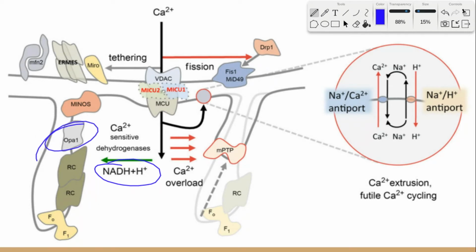OPA1 sitting here at the neck of the cristae will be important for our next slide, but basically OPA1 functions to fuse the inner mitochondrial membranes during mitochondrial fusion. And it's also responsible for sequestering the contents of cristae, right? This is our cristae down here, these little sacs that kind of protrude into the matrix. That's our cristae. And OPA1 is responsible for sequestering the contents of the cristae through an unknown mechanism.